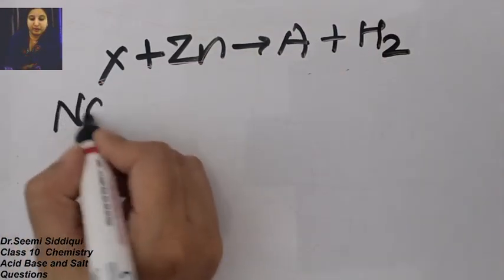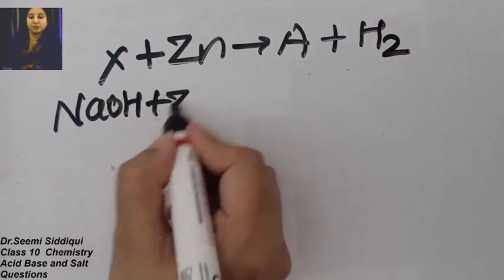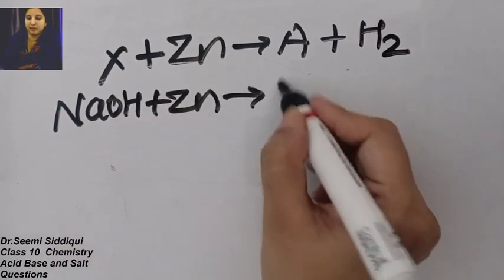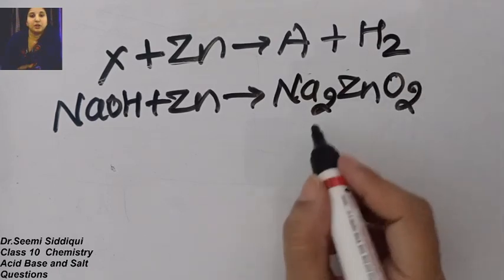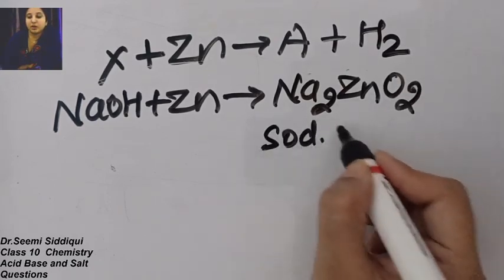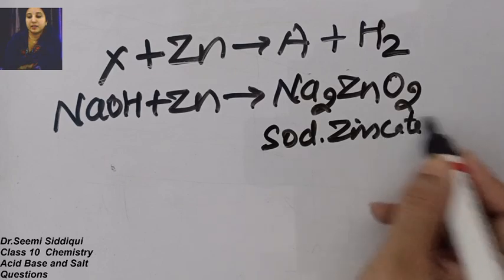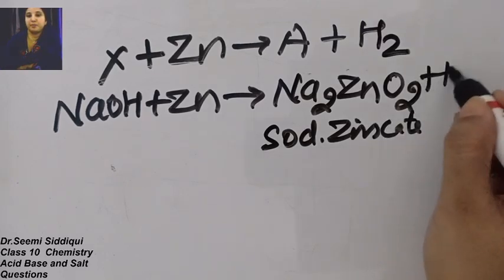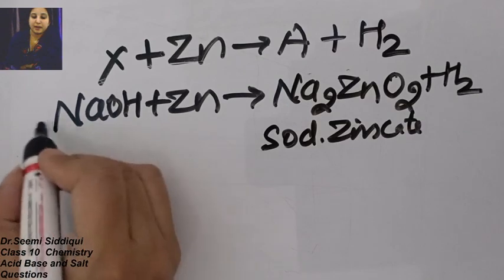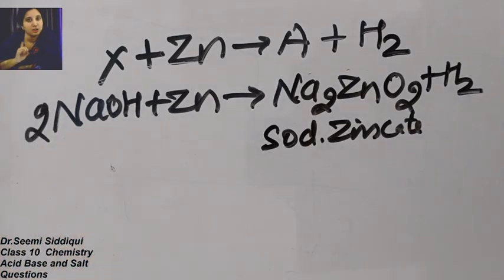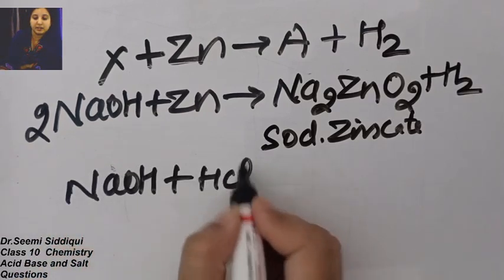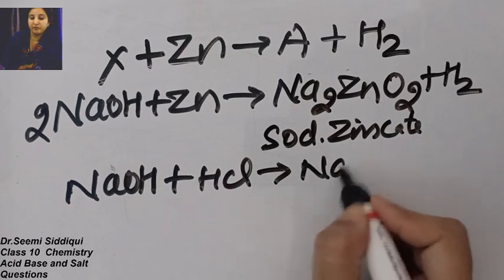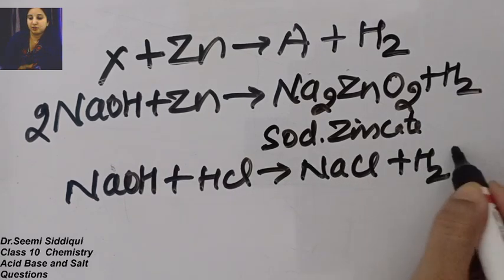Therefore, NaOH plus zinc gives Na2ZnO2, sodium zincate, plus H2, balancing the reaction. So X and A we have come to know. Now NaOH reacts with HCl, so it is going to give NaCl plus H2O.